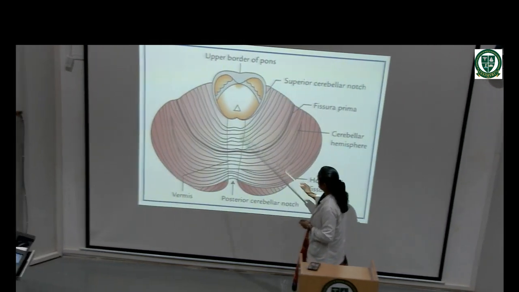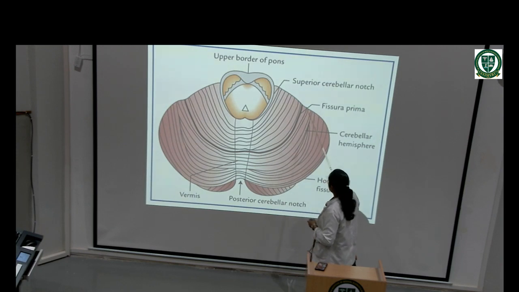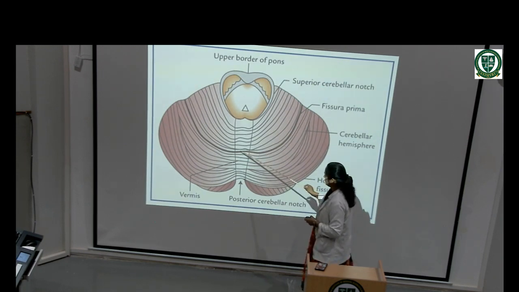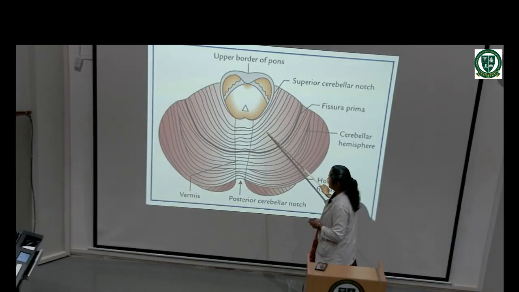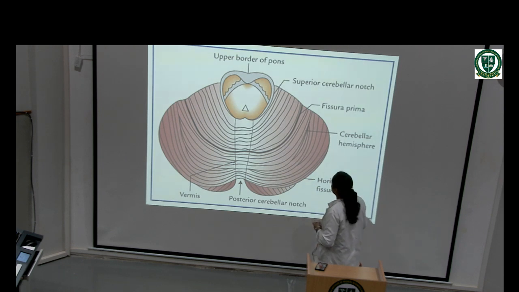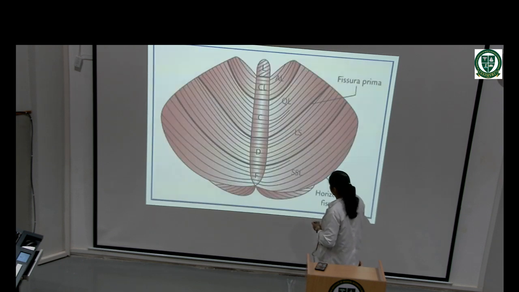On this superior surface, you can see the fissure called the fissura prima, and this divides the superior surface into an anterior 2/3 and a posterior 1/3. The anterior 2/3 forms the anterior lobe of the cerebellum, and the rest of the superior surface forms the posterior lobe of the cerebellum.